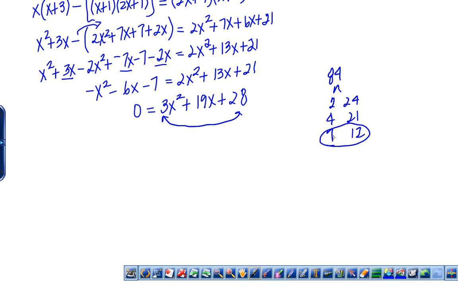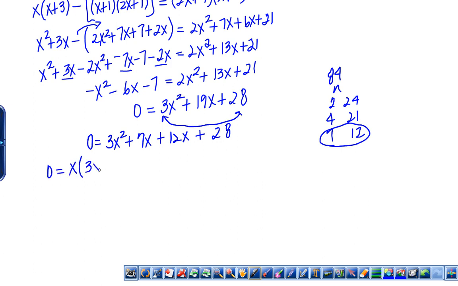Now that I've found my factors, remember you plug back in, so that gives me 0 equals 3x squared. I'm plugging these back in. Doesn't matter the order. So that's going to give me 7x plus 12x plus 28. Now you see what you can take out of the first one, and I can only take out an x value.